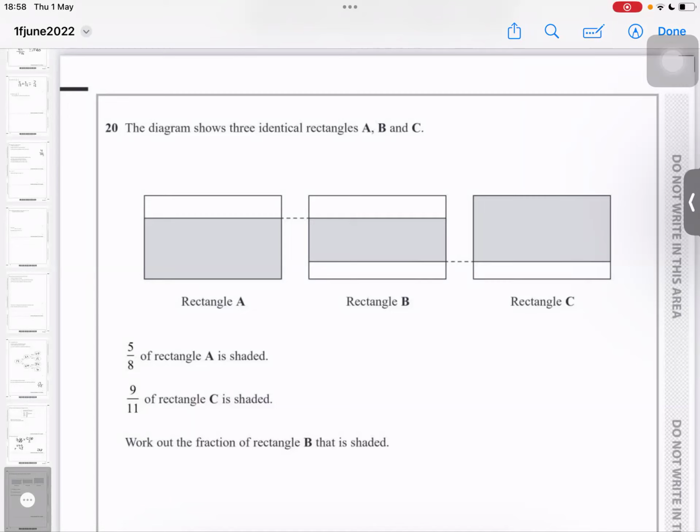It's the 5. No, so you remember this is similar to probability. Why did I say it's similar? Because it has to do with fractions. So if 5 over 8 is shaded and total fractions is usually 1, just like total probability is 1, what do you think that remaining part will be?